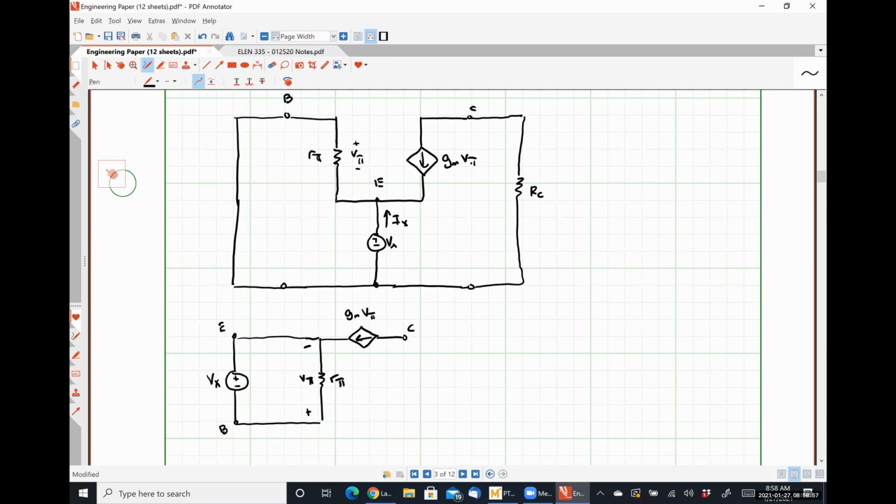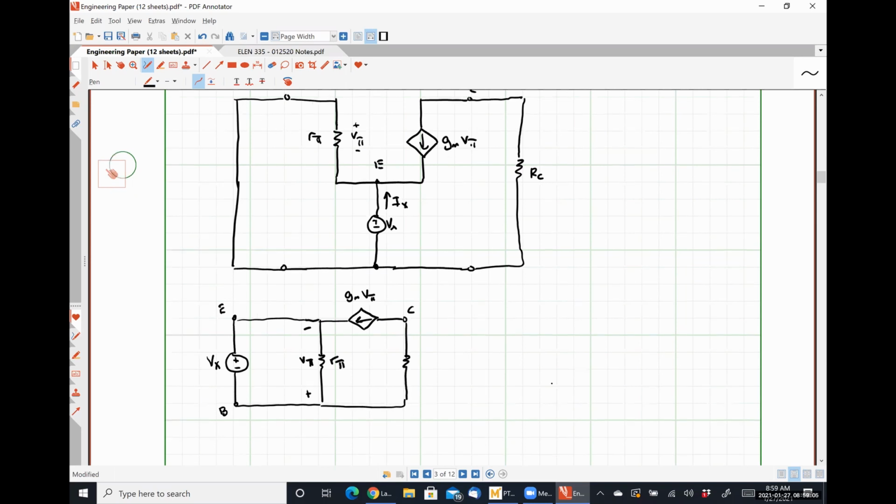And then between my collector and base, I have my resistance RC. So anybody have any problems with how I've tried to simplify this so we can figure out what's going on here? And this is my test current Ix.